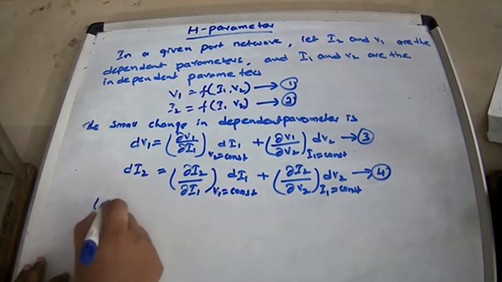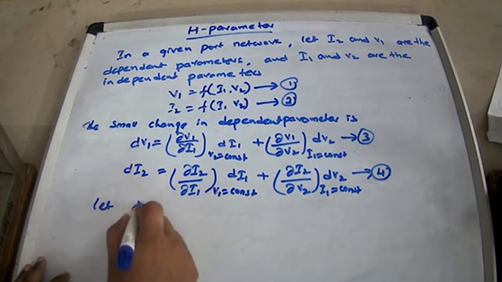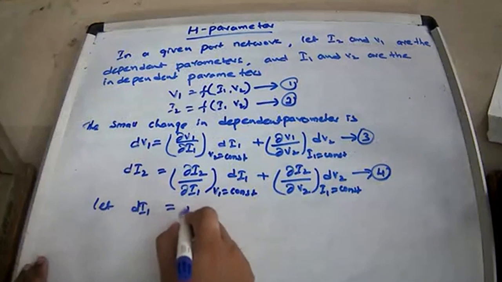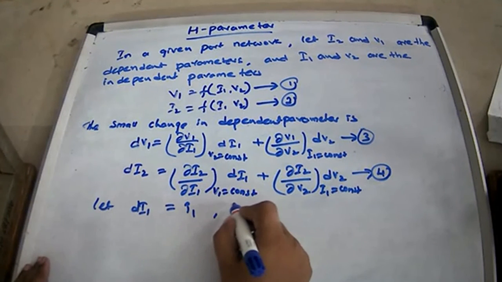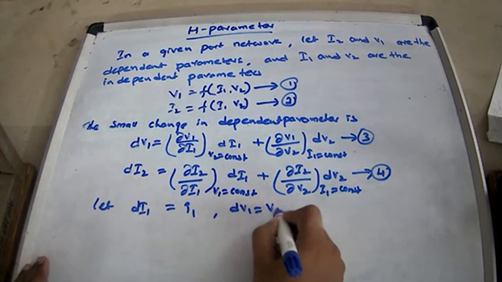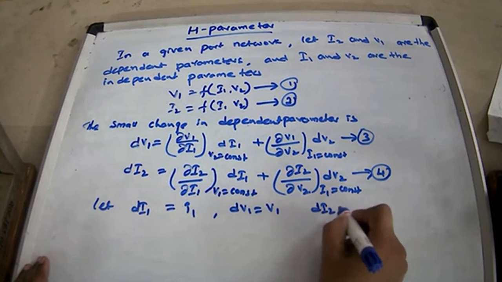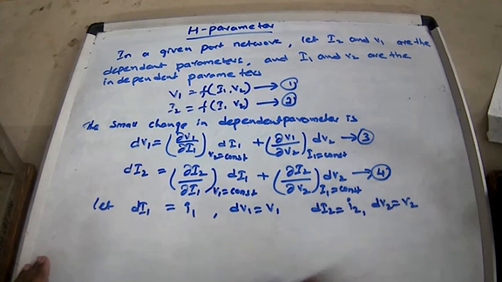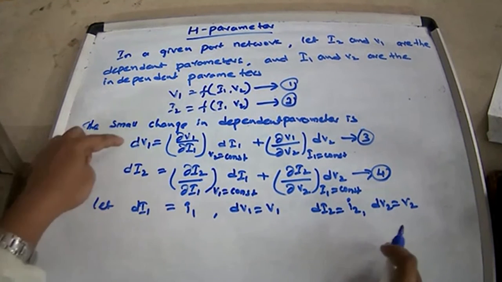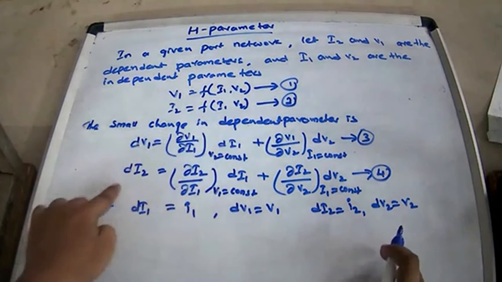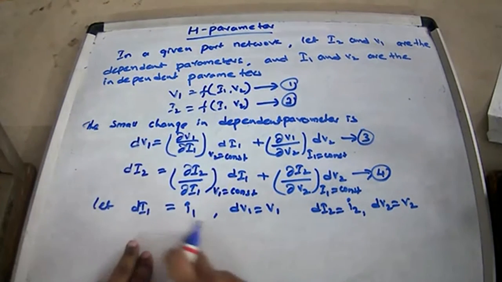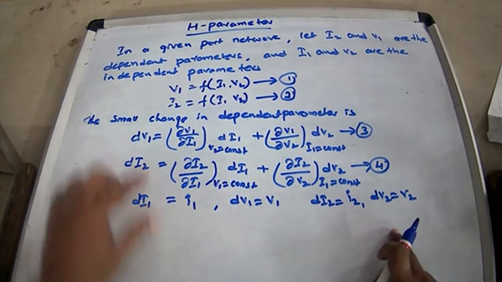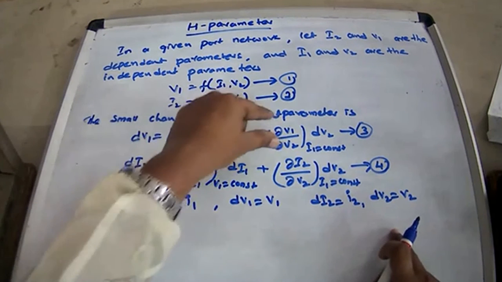So let's say dI1 is equal to I1, dV1 is equal to V1, dI2 is equal to I2, dV2 is equal to V2. So these are the basic dV1, then dV2, dI1, dI2 respectively. We will be writing as I1, I2, V1, V2. Similarly, let's write for these functions.